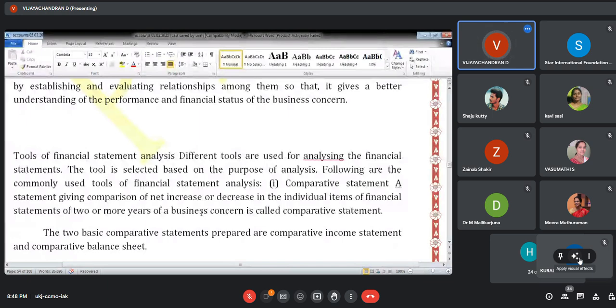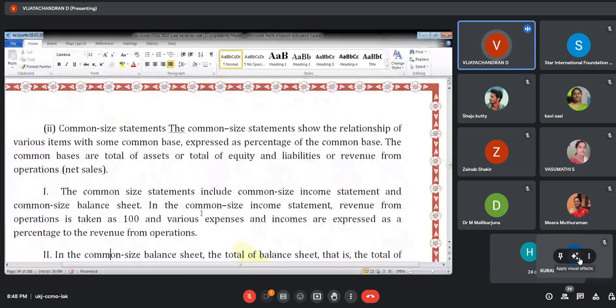Whereas in the case of common size statement, the total sales will be taken as 100, and all other items will be expressed in the form of percentage. Say for example, the sales is 1 lakh. In case your purchase is 50,000, it will be 50%.